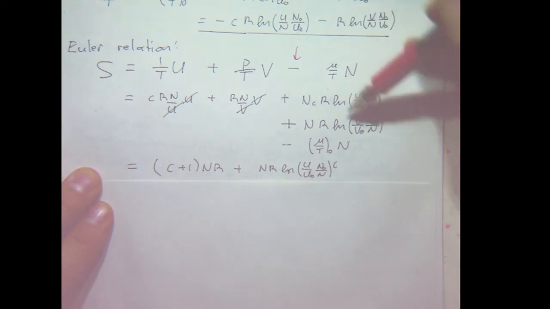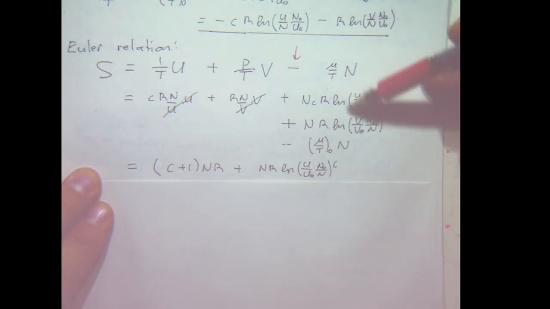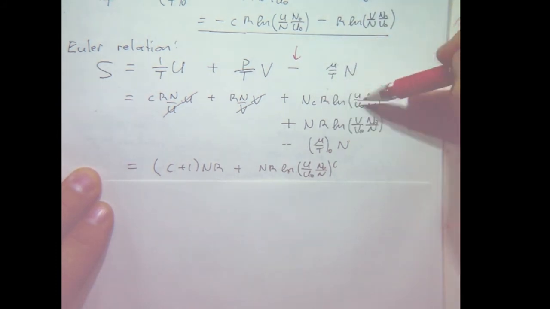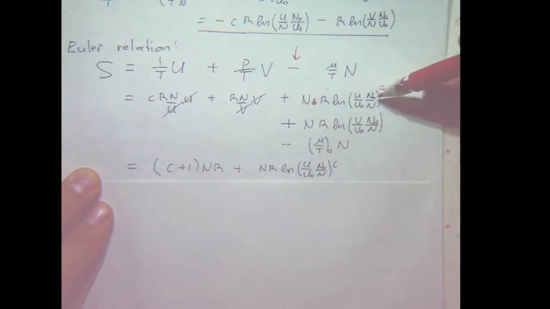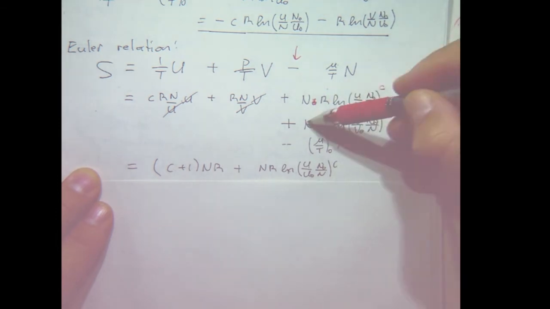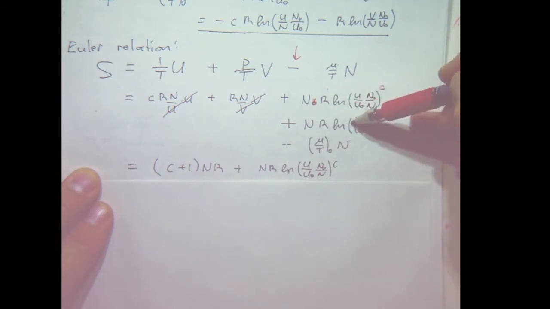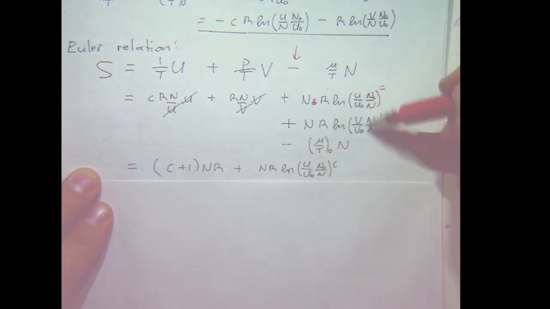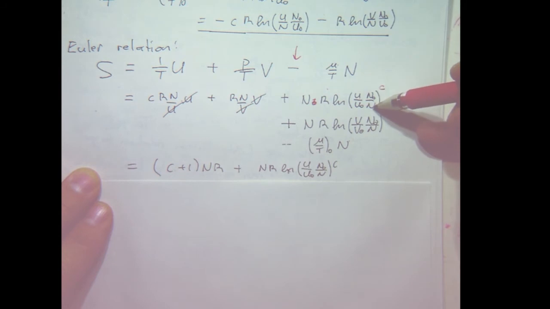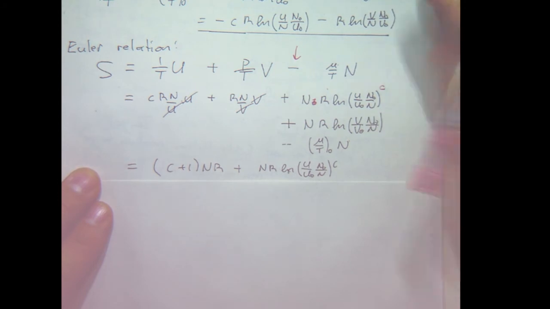And then here, we'd like to combine these logs. So if I put that to the power of C, then we got NR times that log plus NR times that log. So the sum of two logs is just the log of the product of the arguments. So that's U on U naught, N naught on N times N naught on N times V on V naught.